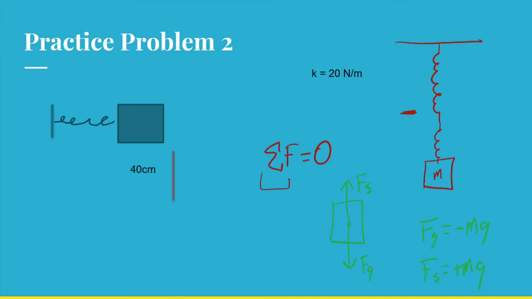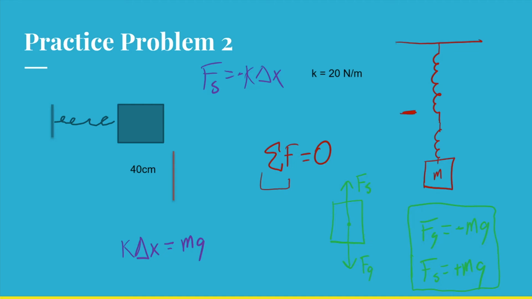And we can learn a lot of really cool things from this setup, because we know what the equation for the spring force is. Hooke's law: Fs is equal to negative k delta x. So if I know that, I can put k delta x is equal to mg.